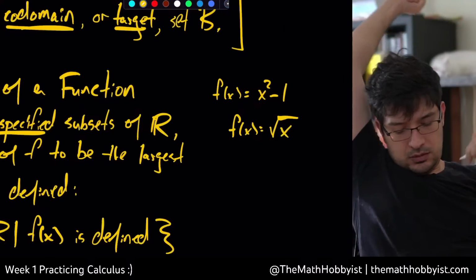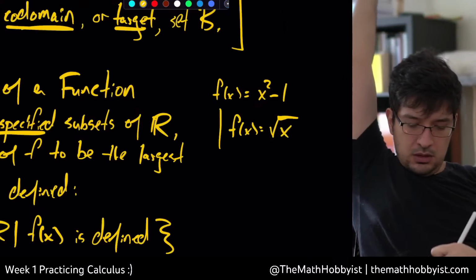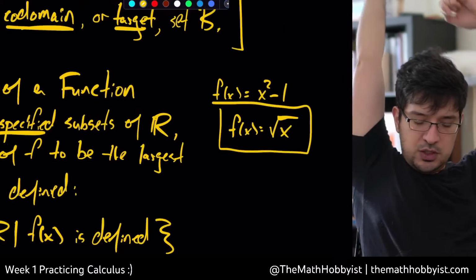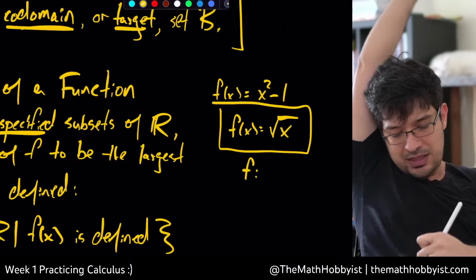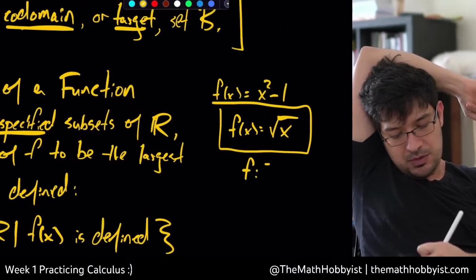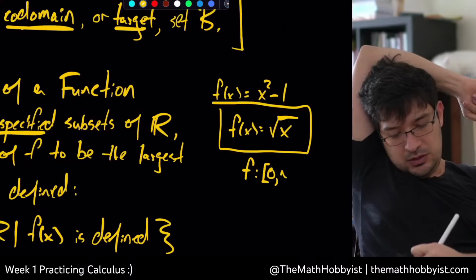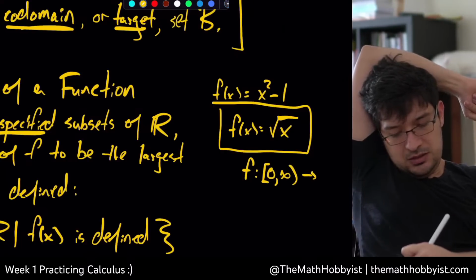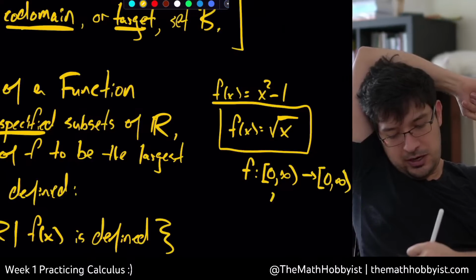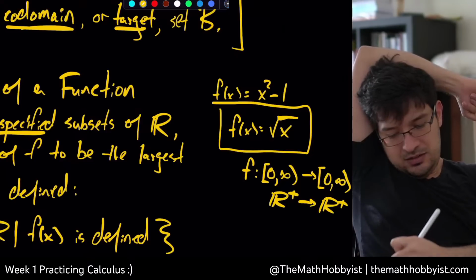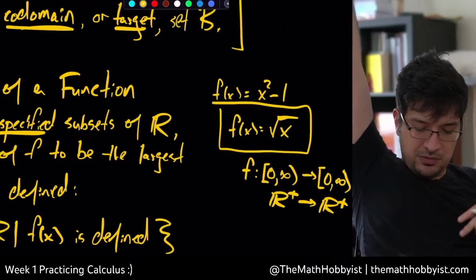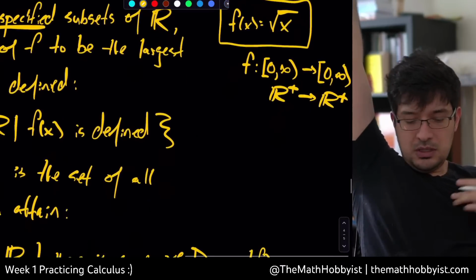I think Taalman is just trying to say, I'm not going to bother always writing down that f is going from 0 to infinity to 0 to infinity. Don't be a smart ass. We all know what I mean. Square root of x is going to be from the positive real numbers to the positive real numbers and 0.